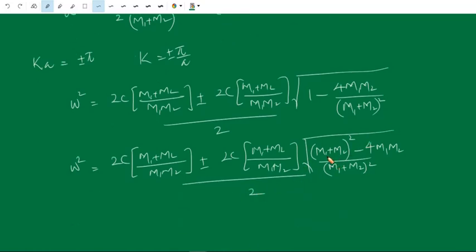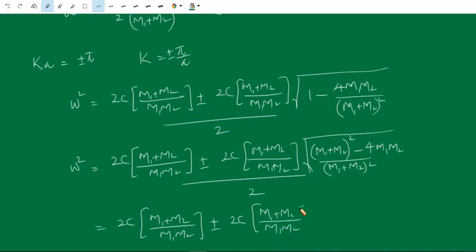So (m1 + m2) whole square minus 4m1m2 is (m1 - m2) whole square.